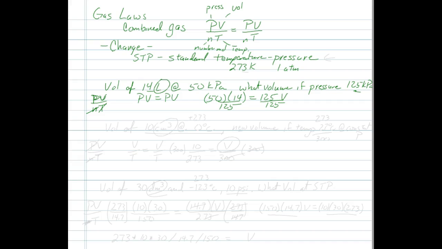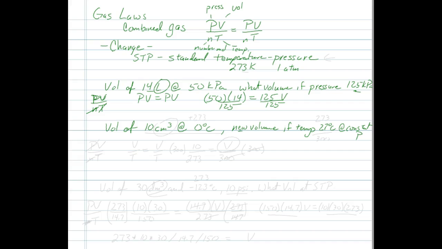Another situation, suppose you have a volume of 10 cubic centimeters at 0 degrees Celsius. What would be the new volume? The word new is a clue here. What would be the new volume if the temperature goes to 27 degrees Celsius at constant pressure?